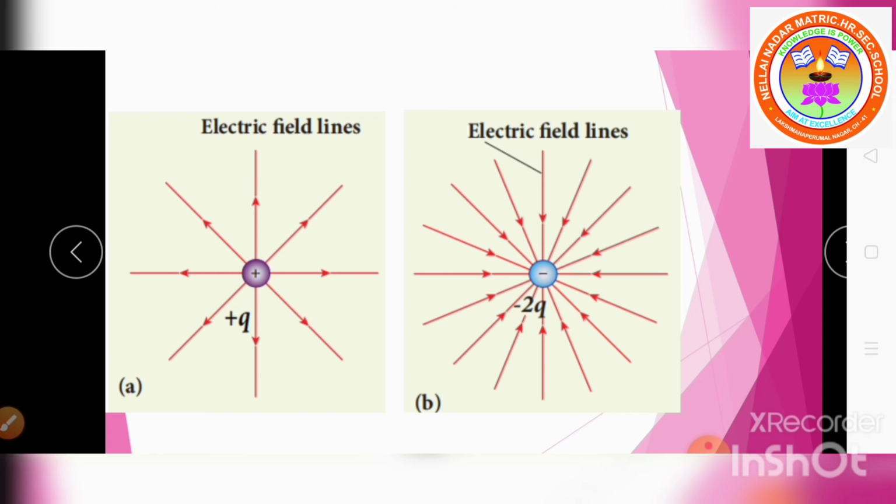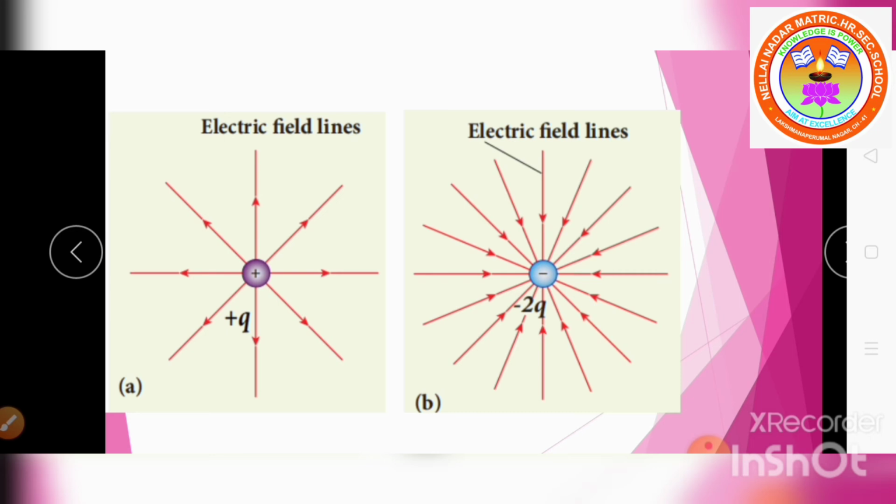Then the second diagram in your book, we have taken the minus Q charge. In the minus Q charge, the electric lines are coming inward. Count here: 1, 2, 3, 4, 5, 6, 7, 8, 9, 10, 11, 12, 13, 14, 15, 16. So here the value is 16.